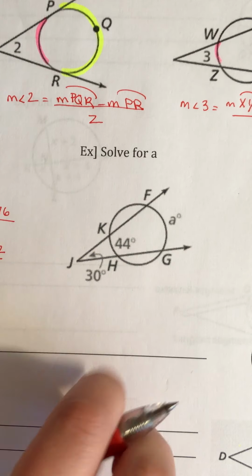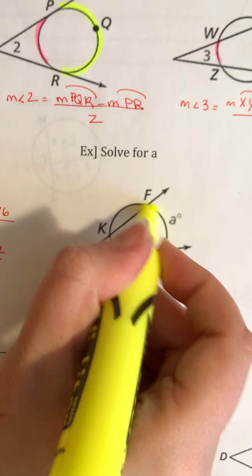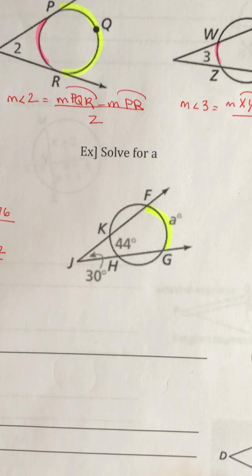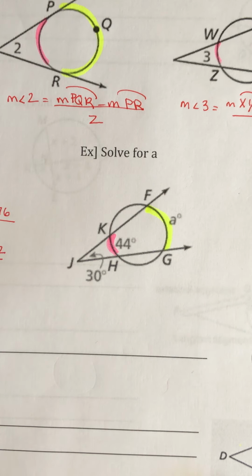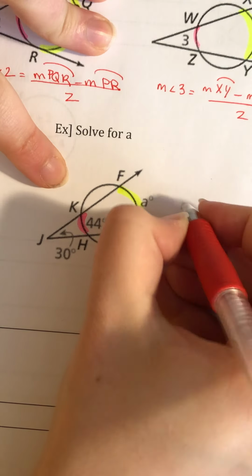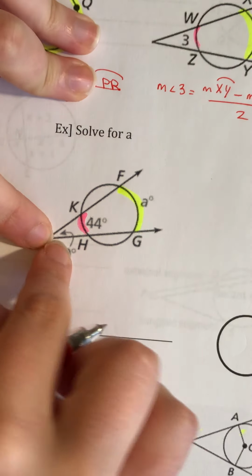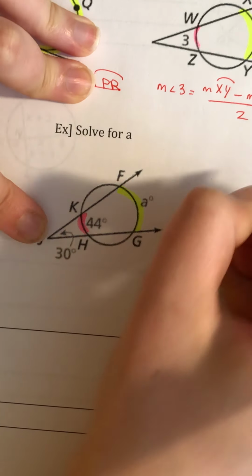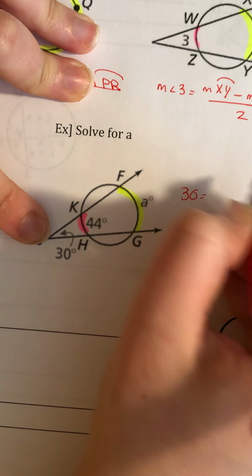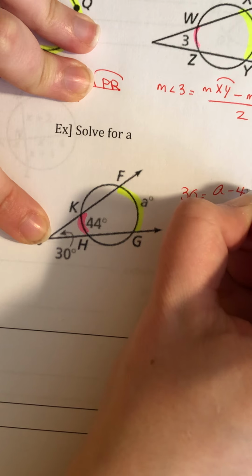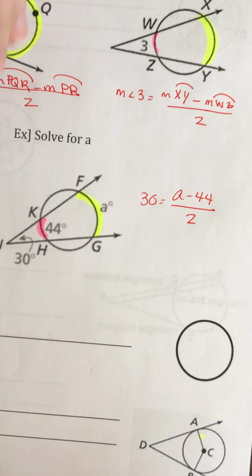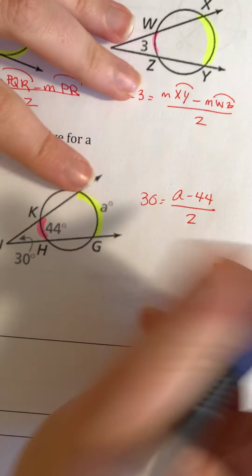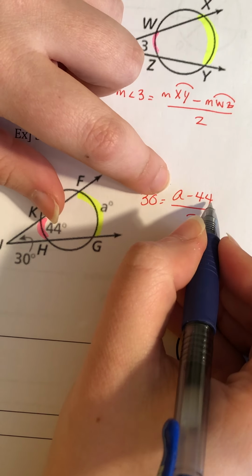This one actually gave us the outside angle, and we want to solve for that bigger arc here. So in this case, the angle is equal to half the difference. So 30 is equal to A minus 44, half of that. So I want to get rid, I can't just divide the 44.